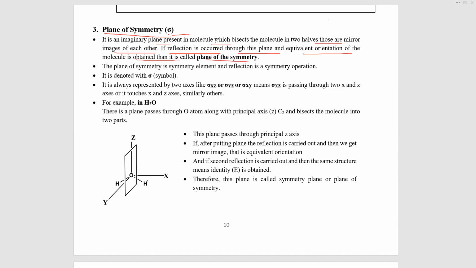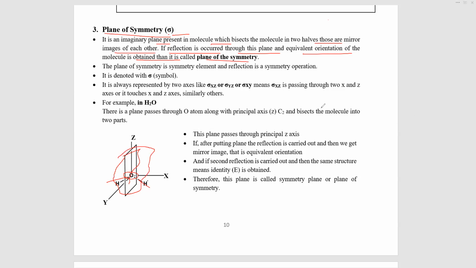What does it say? It says that it is an imaginary plane. For example, this is the H2O molecule, this is oxygen, this is hydrogen, this is hydrogen. Okay, and suppose this is the plane. This rectangular shape represents a plane.